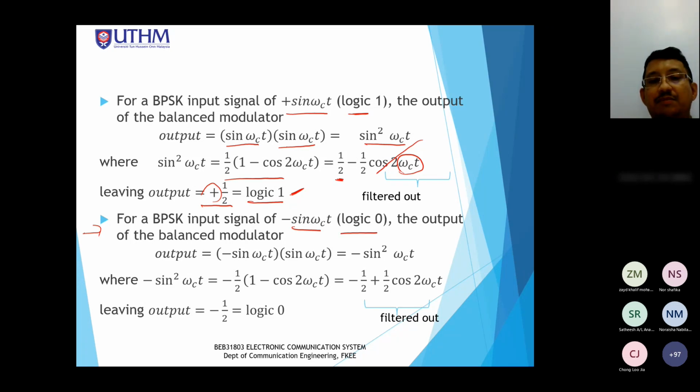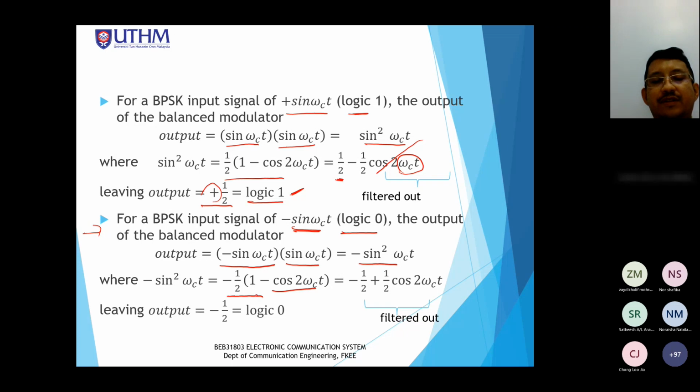That means the transmitter actually transmitted logic 0, which is why we receive negative sine. The input to the receiver, negative sine, is multiplied with the local oscillator sine omega ct, so we get negative sine squared. According to the trigonometric identity, negative sine squared is equal to negative 1/2 (1 minus cos 2 omega ct).